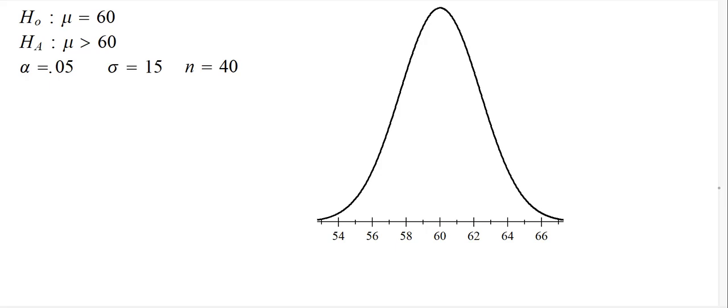So we are testing this hypothesis for population mean that mu is 60 versus mu is greater than 60. Our level of significance is 0.05. The population standard deviation is given to be 15 and the sample size is 40.